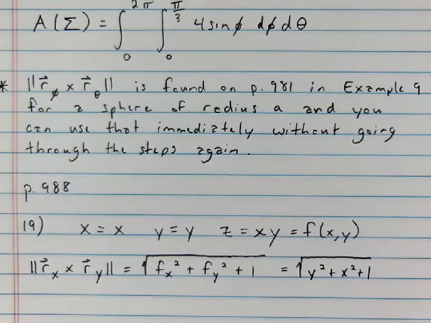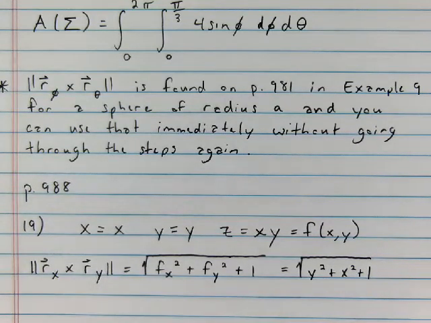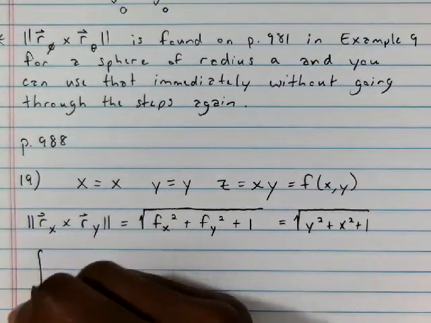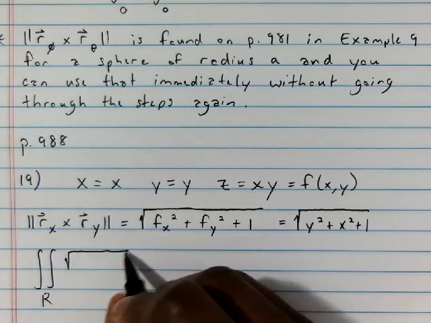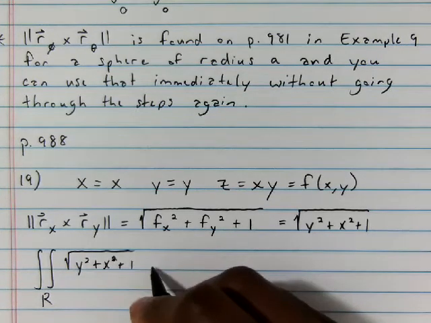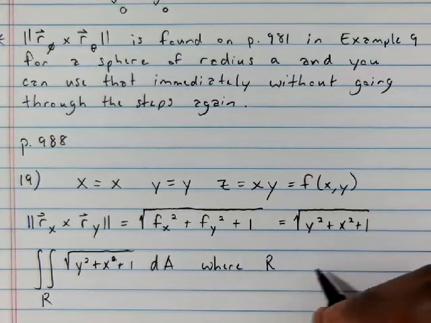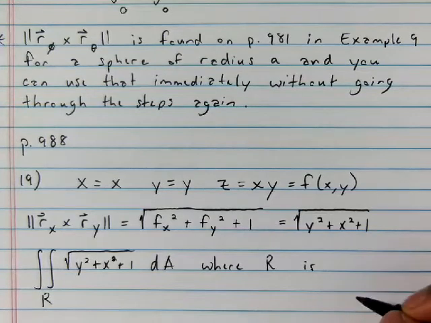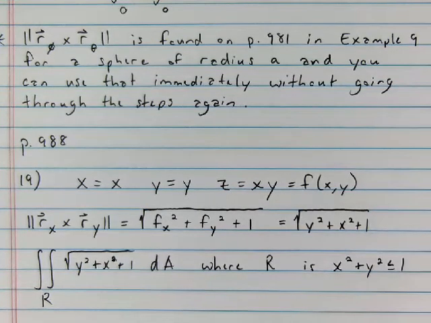We were also given our bounds for our region R. So we're supposed to be evaluating the double integral over region R of the square root of y squared plus x squared plus 1 dA, where R is inside the cylinder, so x squared plus y squared is less than or equal to 1.